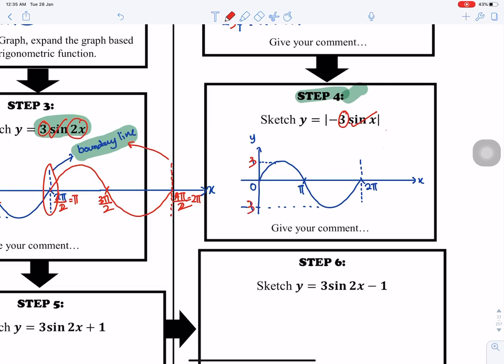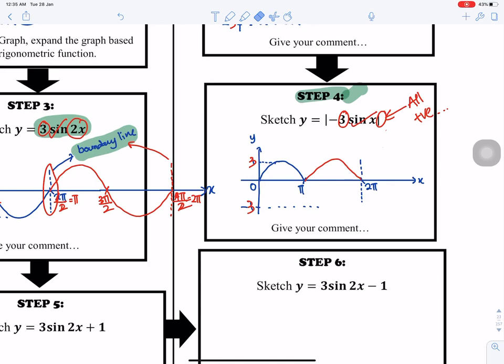What is the function of modulus? Modulus means all positive. So when the line is in the negative, you draw it again like this and erase the negative line.